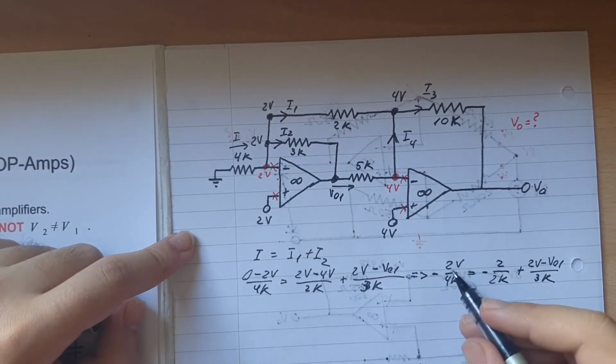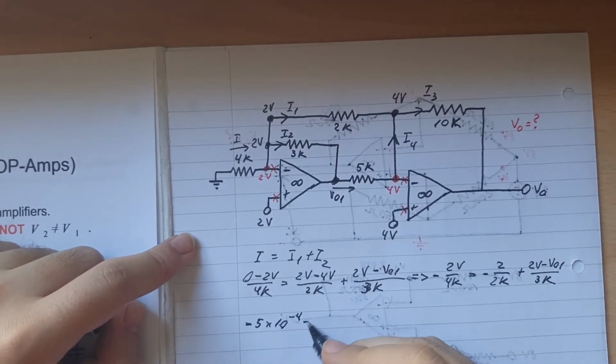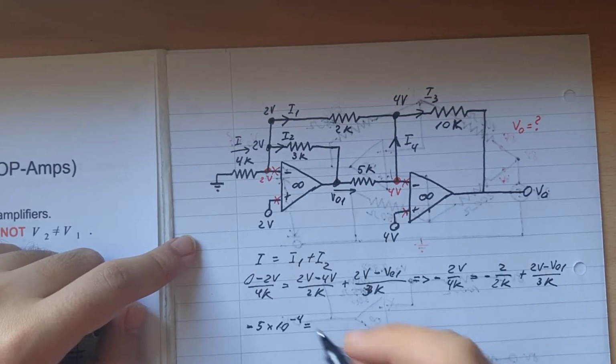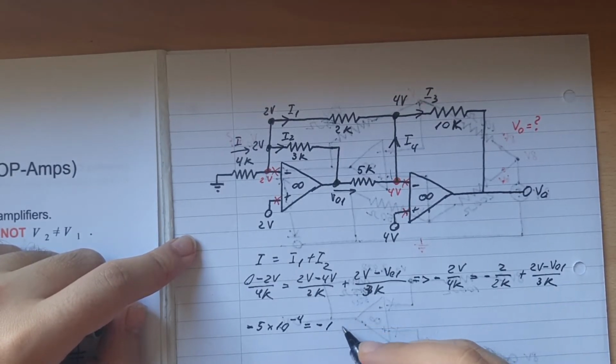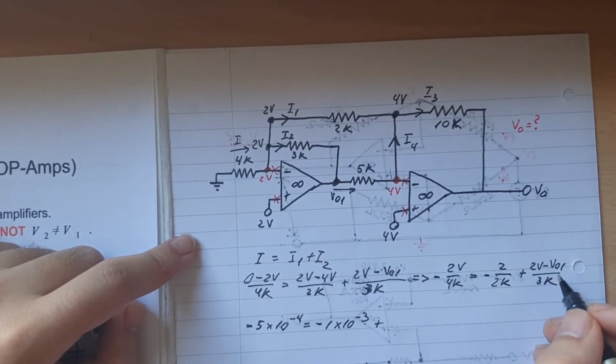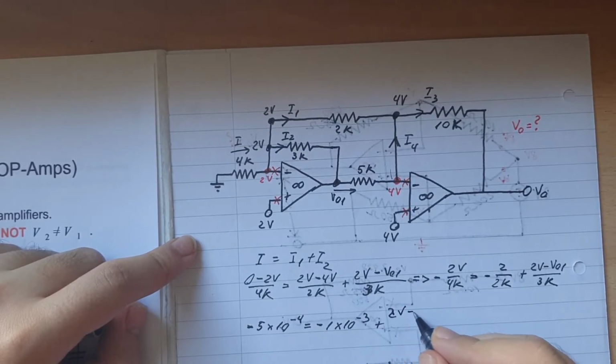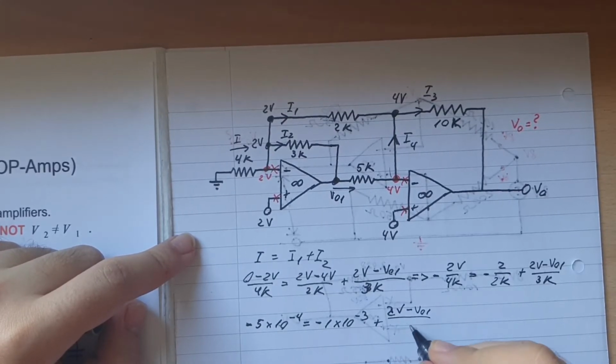Okay, 2 over 4k will be equal with minus 5 times 10 to the minus 4, and that's equal with 2 over 2k, that will be minus 1 times 10 to the minus 3, plus 2V minus VO1 over 3k.